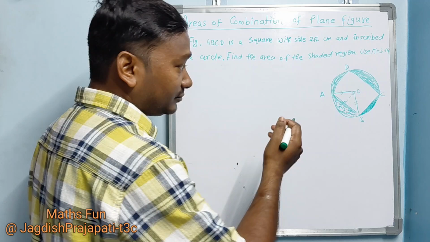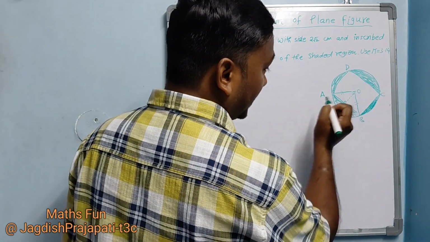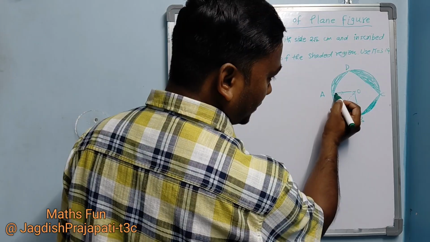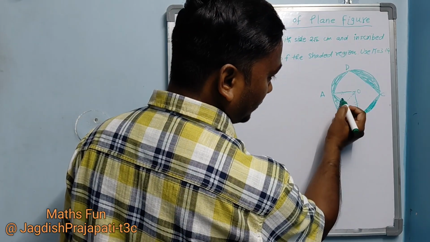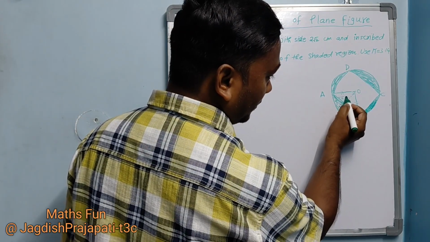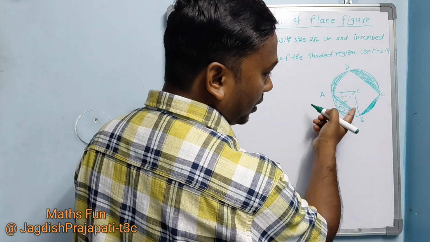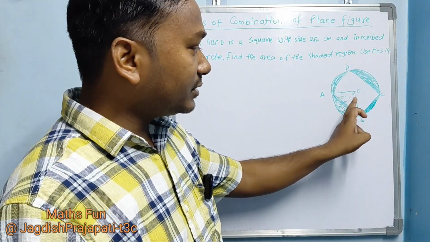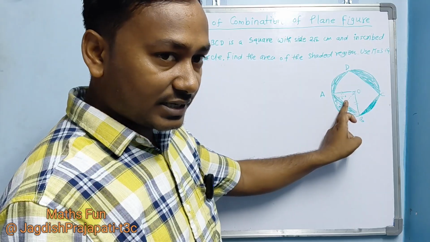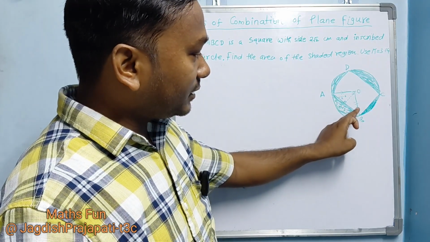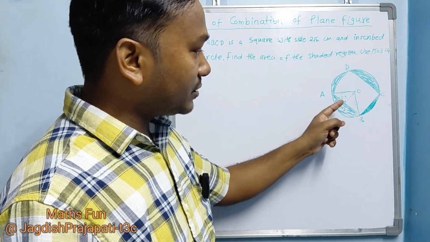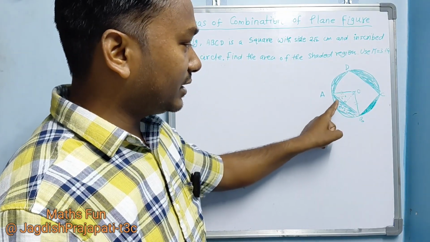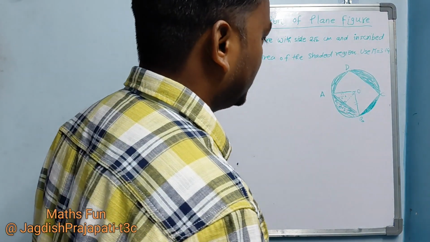Since these two sides are equal, these two angles will be equal, and the sum of these two will be 90 degrees, so 2 times one angle equals 90 degrees, and therefore the angle is 45 degrees.